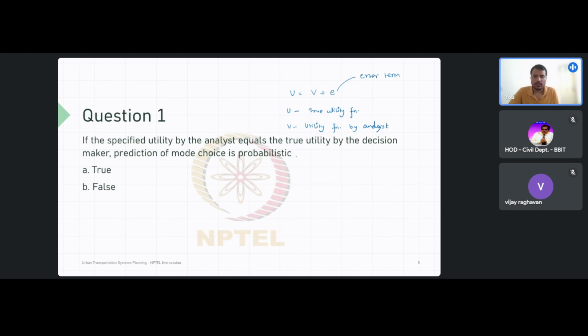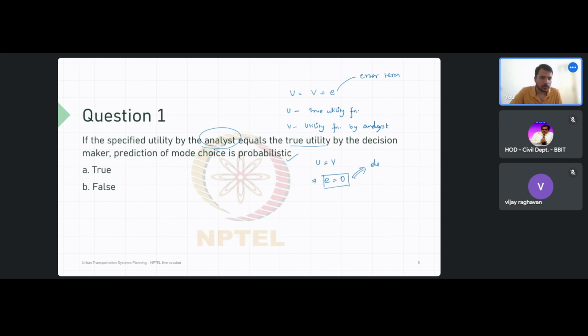What we are seeing here is that the specified utility by the analyst equals the true utility by the decision maker, so U is equal to V. In this case, there won't be any error term. If the error term is absent, it will not be a probabilistic estimation.